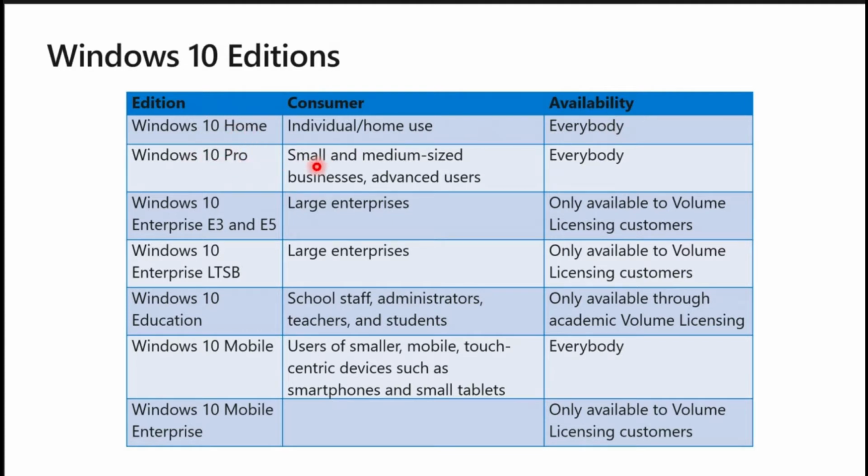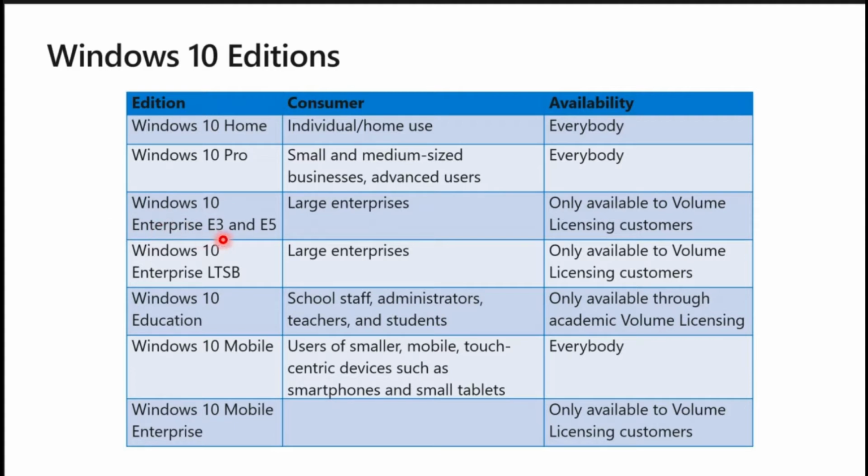Pro edition, small and medium-sized businesses and advanced users. So Pro has the majority of the important information. In a company or enterprise, they normally use Pro, and everyone can use it.